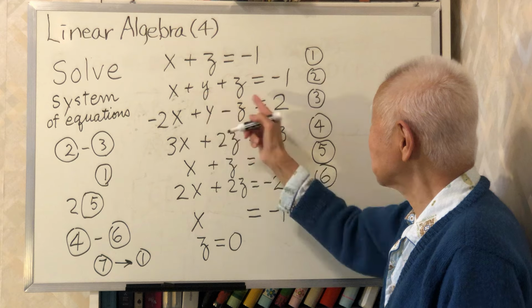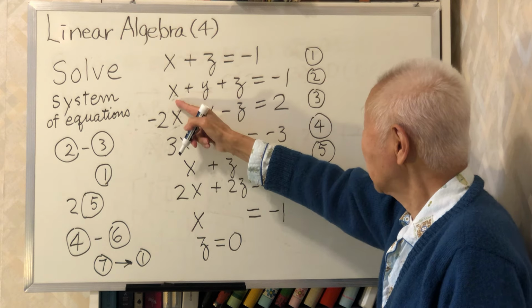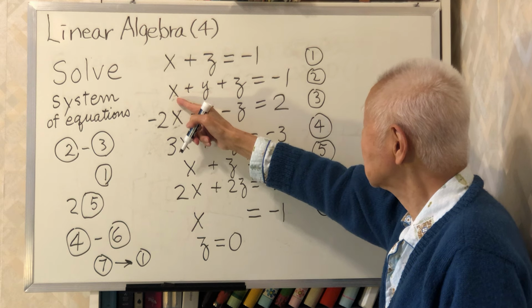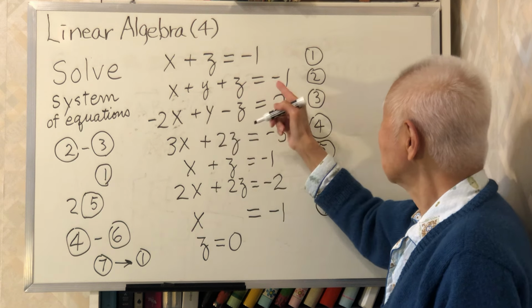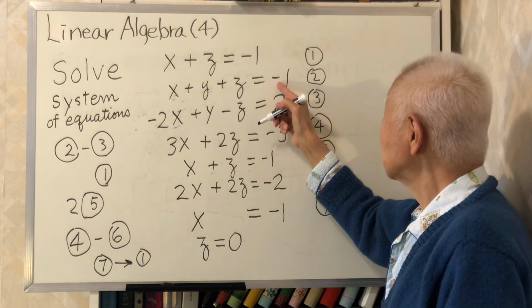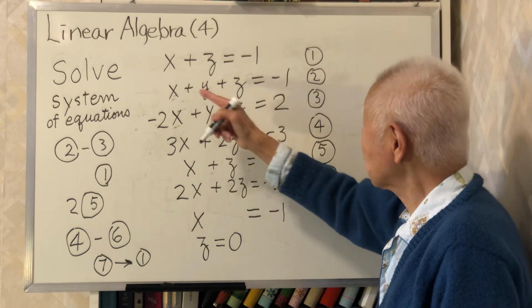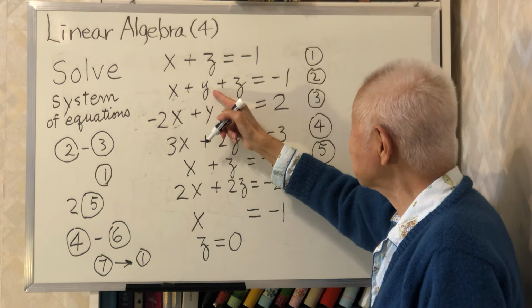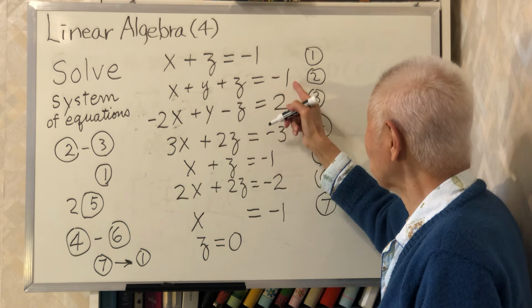Now look at the second equation. X is negative 1. So this is negative 1. But look, the right-hand side is also negative 1. So this negative 1 plus something is negative 1.